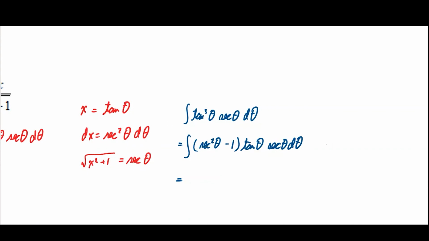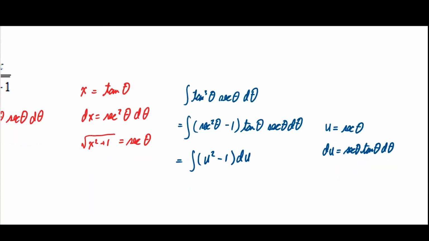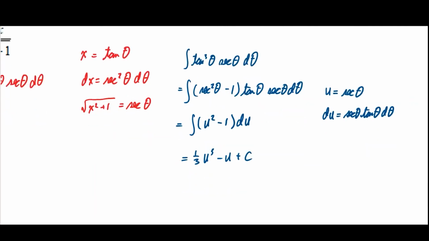So we can let u equal secant theta, then du is secant tangent. And then what we have here is u squared minus 1 du. Ain't that nice? You get it? So we have u cubed over 3 minus u plus c. Now plug secant back in: 1/3 secant cubed theta minus secant theta plus c.